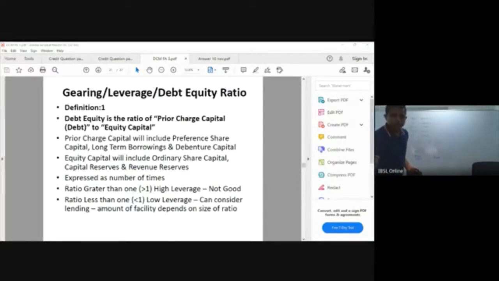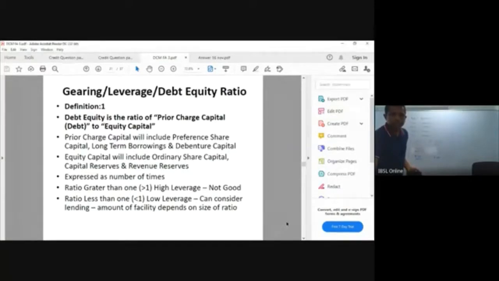If you go to the answers, if it is less than 1 under the first scenario, this is less than 1. Therefore, low gear. This is also less than 0.5. That is also a low gear situation.